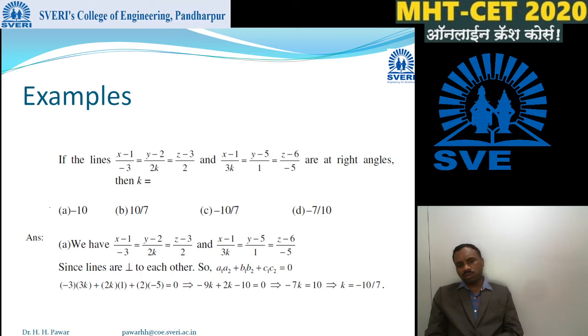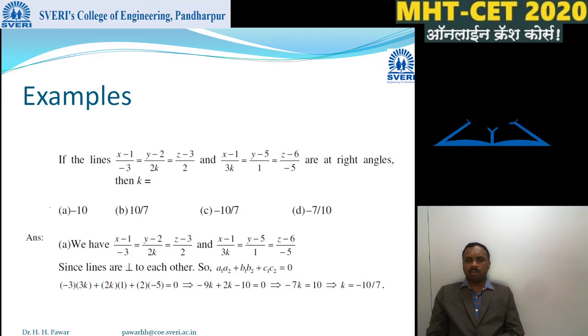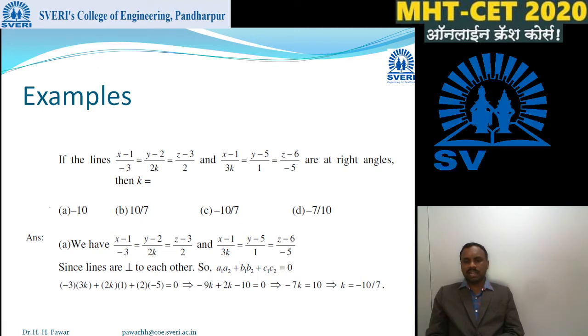And as we know, if two lines are perpendicular to each other, then the condition is a1 a2 plus b1 b2 plus c1 c2 is equal to 0. Here a1 b1 c1 and a2 b2 c2 are the direction ratios of the two lines.